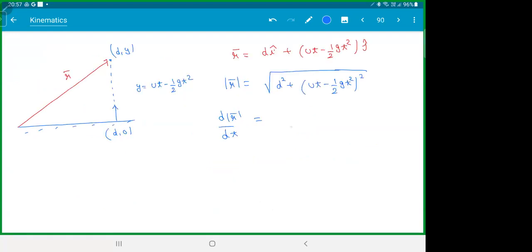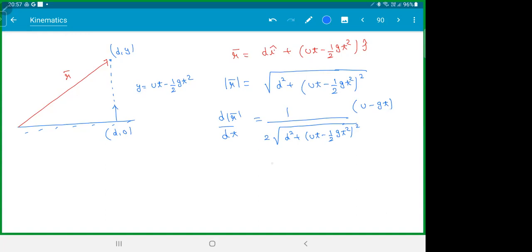Now, if you do the same thing here, if I differentiate this, 1 by 2 root over d square plus (ut minus half gt square), chain rule, into again differentiate this thing, you'll get u minus gt. Then again differentiate.